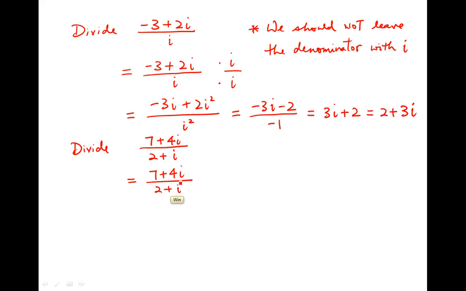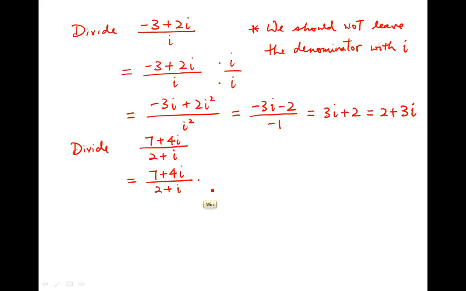Multiply both top and the bottom by 2 plus i. Well, if I have 2 plus i squared, would I be able to get rid of the i? Using the formula, it would be a squared plus 2ab plus b squared. It doesn't get rid of the i. We will have 2 times i in the middle. What should I do?